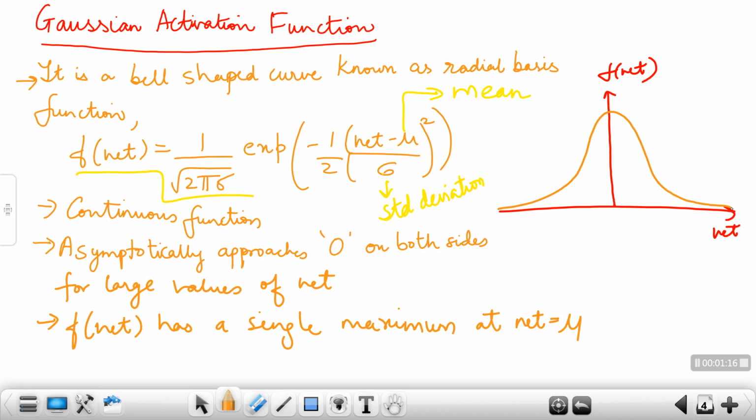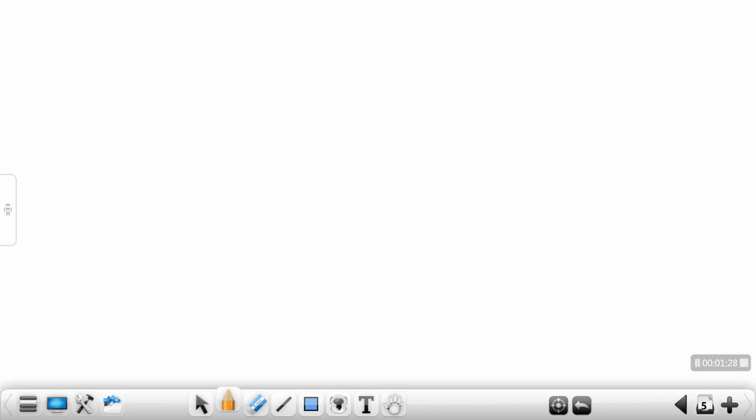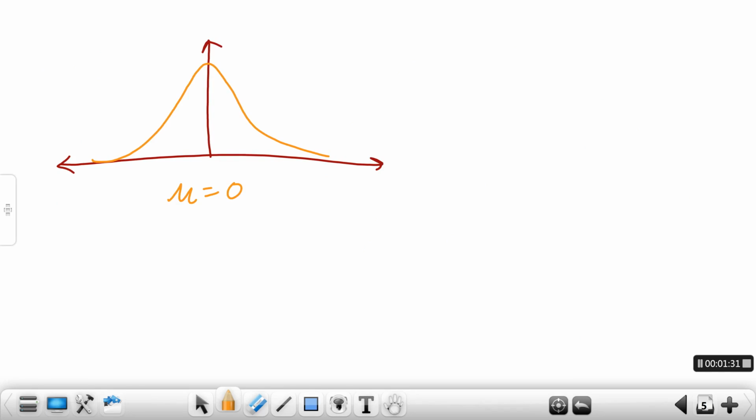Mu is this particular point, and something here I can show as sigma. This is a graph with mu equal to 0, so the mean value is equal to 0.